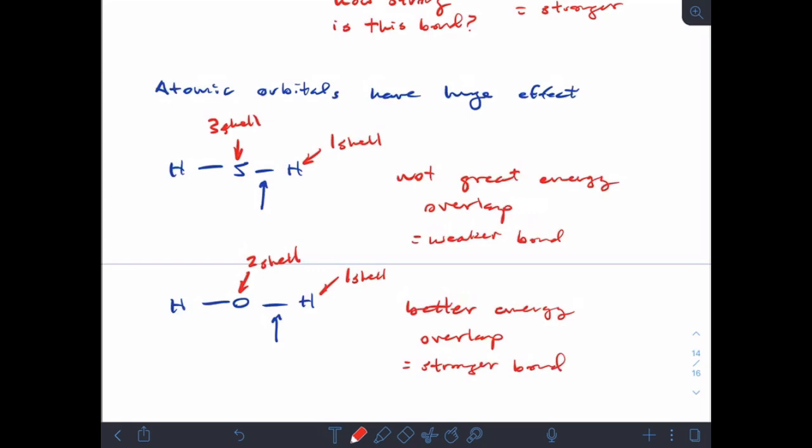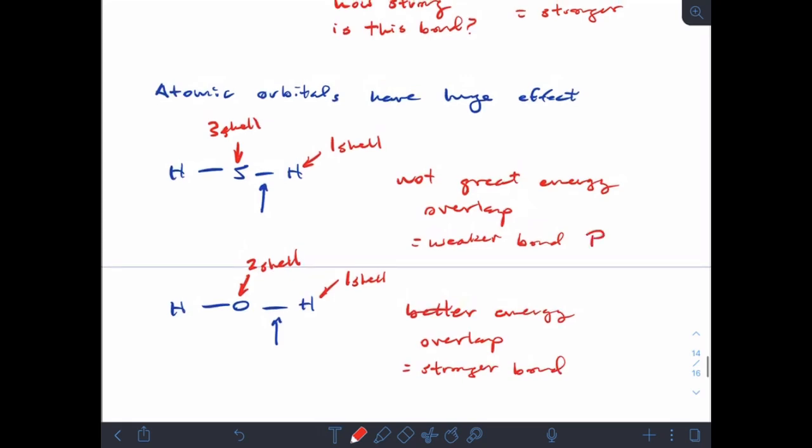Our pKa for H2S is 7.0, and the pKa for H2O is 15.7. Remember, lower pKa is a stronger acid.